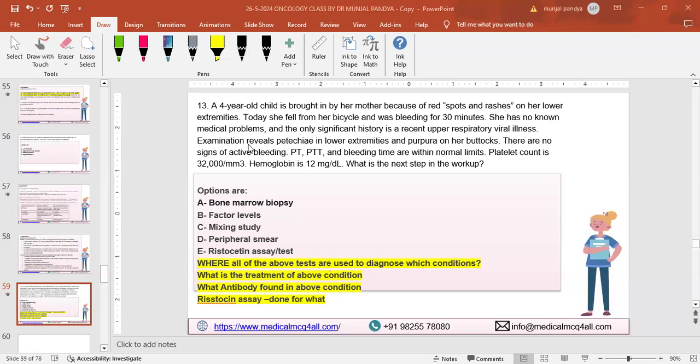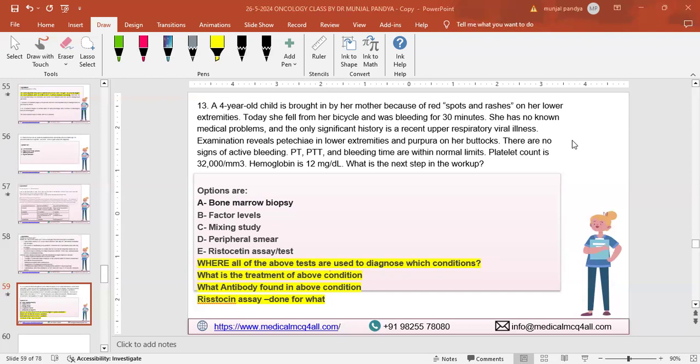Spots and rashes on her lower extremities and bleeding for 30 minutes. First of all, decide whether it is a platelet bleeding or a factor bleeding. This is the commonest thought process in the clinic, or in the emergency room, when some patient comes with a bleeding: whether it is a platelet bleeding or a factor bleeding.